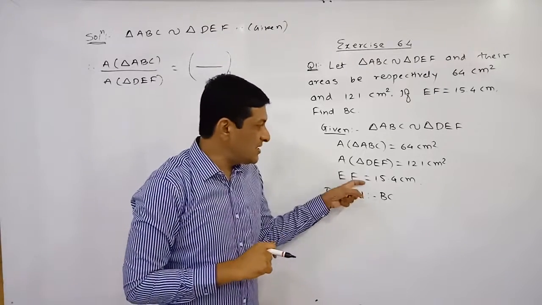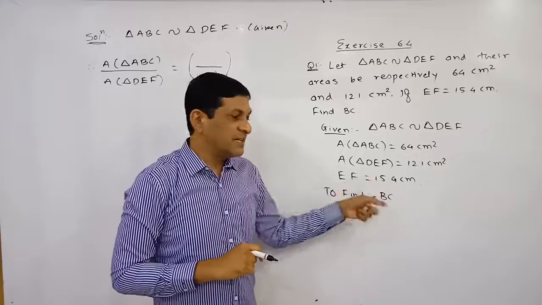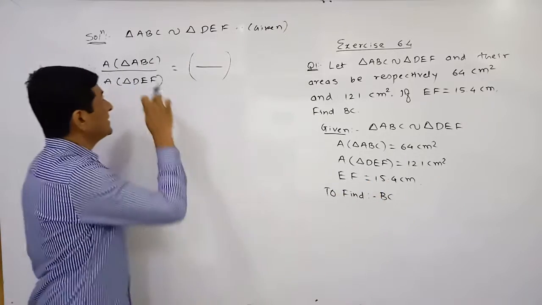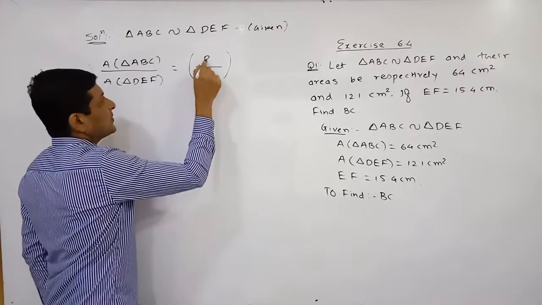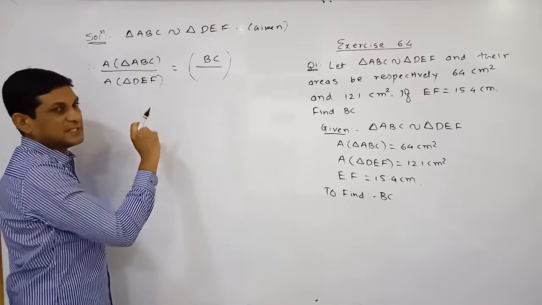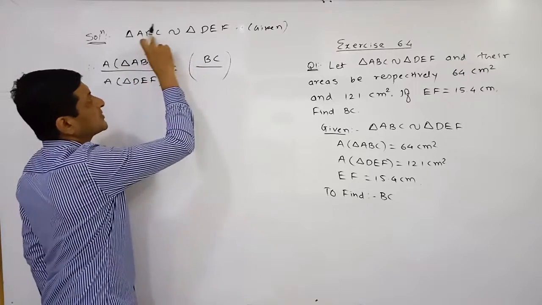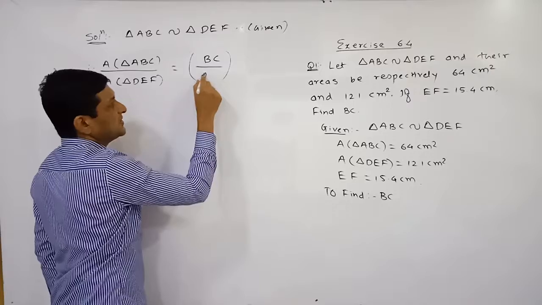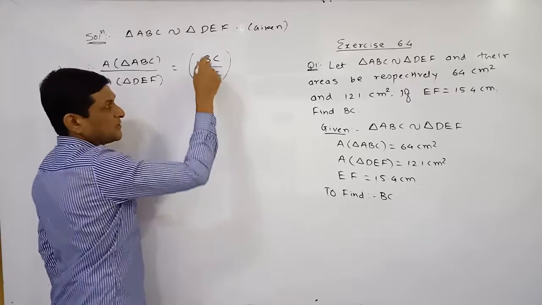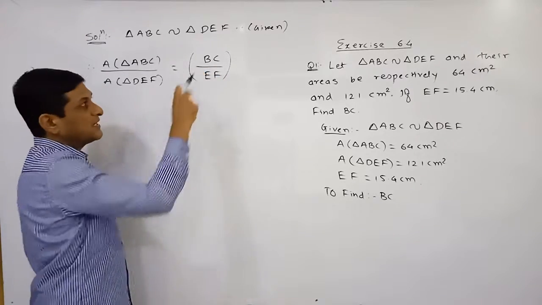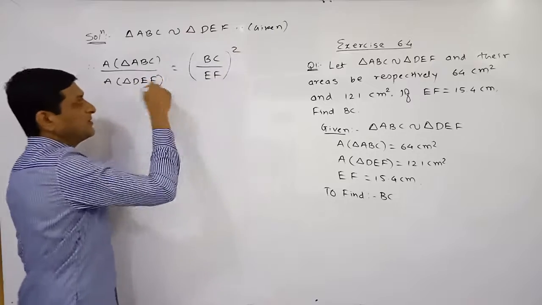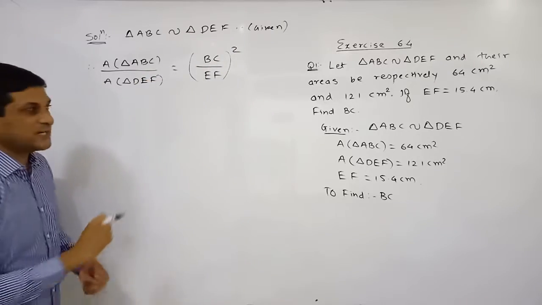Now here the example is related with which sides? EF and BC. So we are considering BC as a side of triangle ABC. So its corresponding side of BC is what? EF here. So we have taken the ratio of corresponding sides. So this area ratio will be equal to the square of the ratio of corresponding sides.